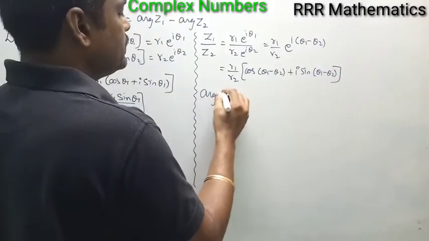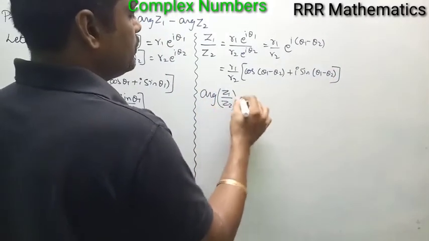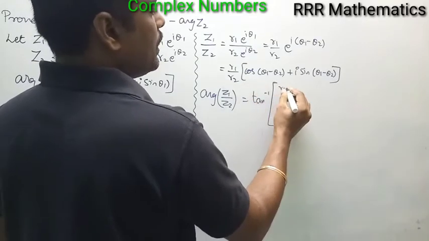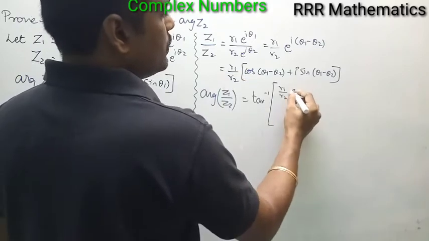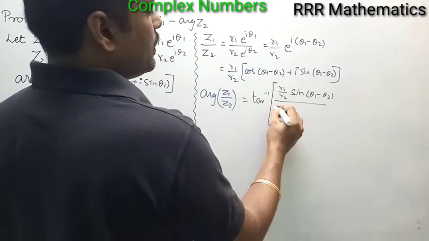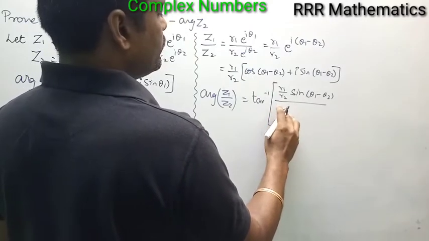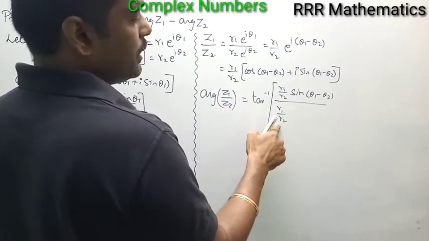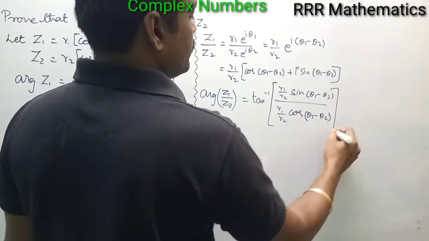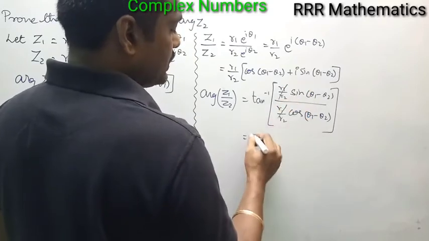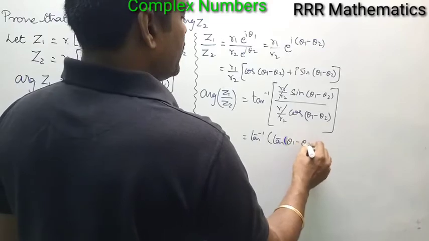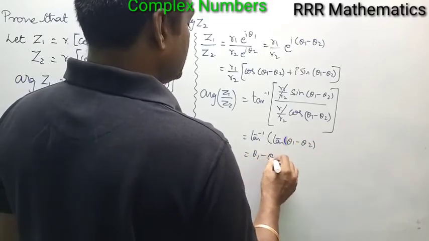Taking the argument of Z1 by Z2 will be tan inverse of imaginary part r1 by r2 sin of theta 1 minus theta 2, by real part r1 by r2 cos of theta 1 minus theta 2. So these two get cancelled. Tan inverse of sin by cos is tan of theta 1 minus theta 2. It will be theta 1 minus theta 2.